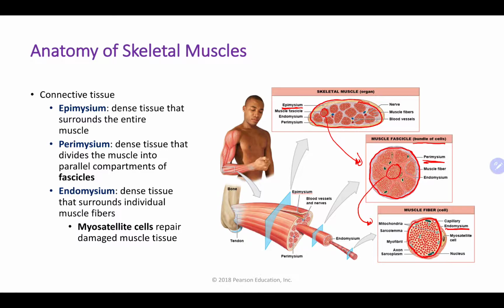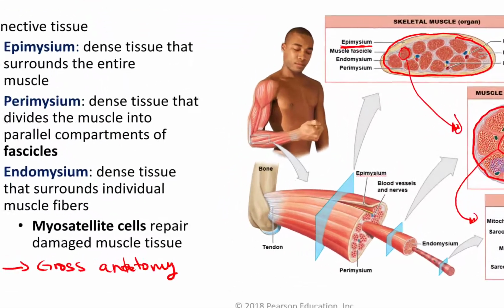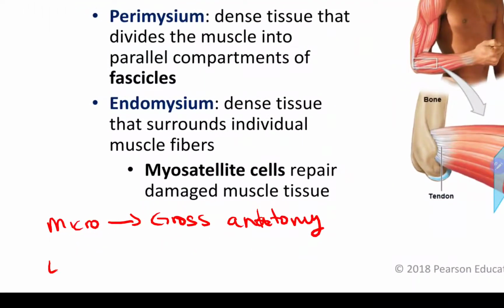So out to in, gross to microscopic anatomy, we have epimysium, perimysium, and endomysium. But you want to remember the order from micro anatomy to gross anatomy: endo to peri to epi.